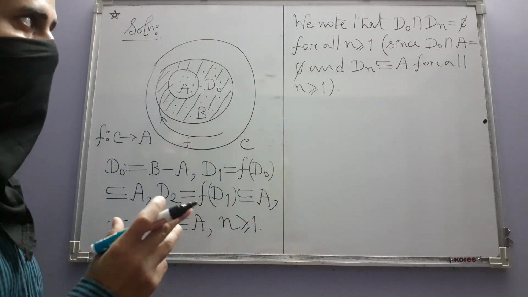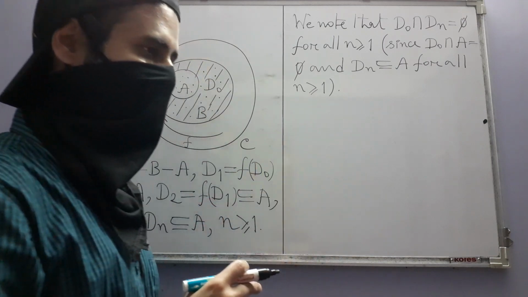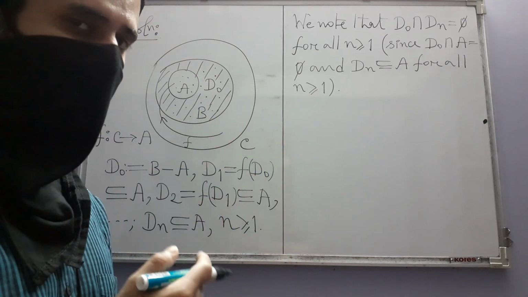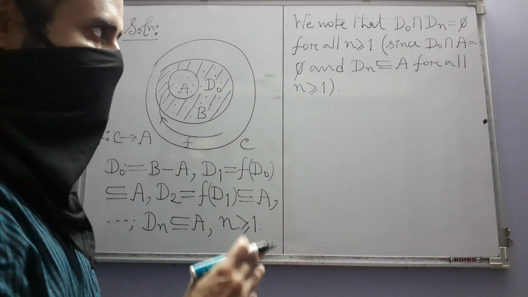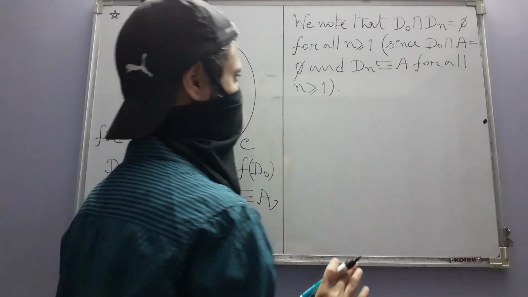So that means now we need to prove that Dn intersection Dm is also the empty set if n and m are both positive integers but distinct. Say that is not the case.